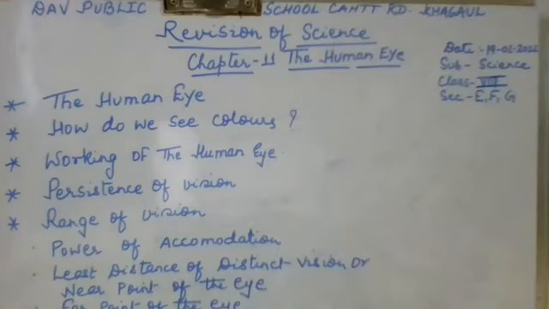Because our eye lens is a converging lens, when objects are placed at different positions, the image formation should take place at the same point, that is at the retina. So to change the focal length, our ciliary muscles contract or relax to change the power of the eye lens. Hence, in all the cases, the image gets formed on the retina.